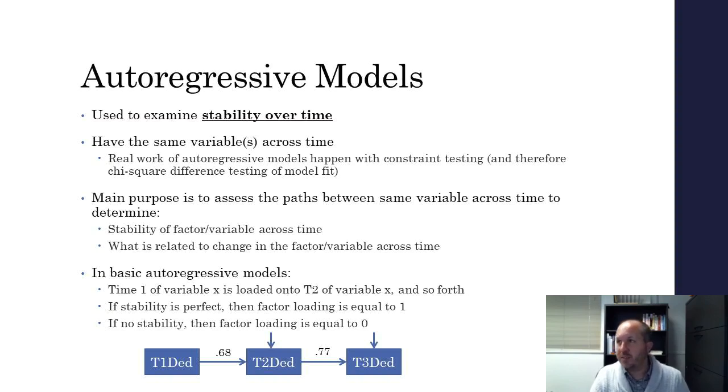Or if that 0.68 and 0.77 are not significantly different, then we can see that it is stable across time. So what we're going to be doing in our constraint testing is constraining those two corresponding paths to be equal. If our model fit gets significantly worse, then those are significantly different.